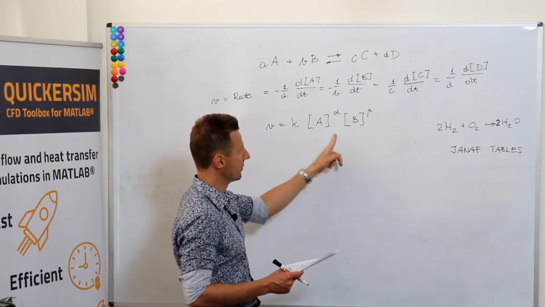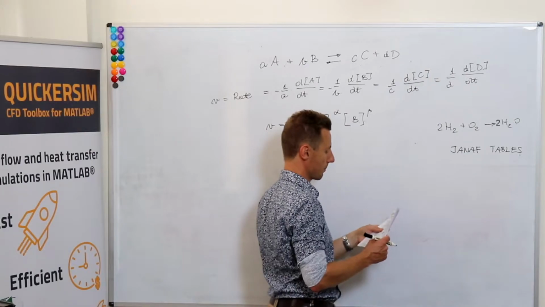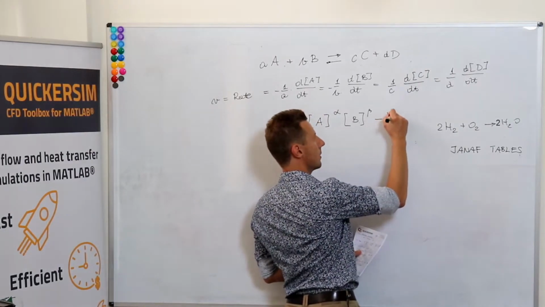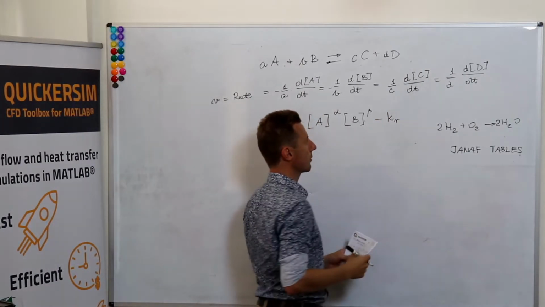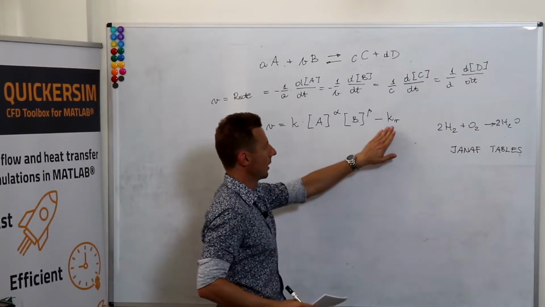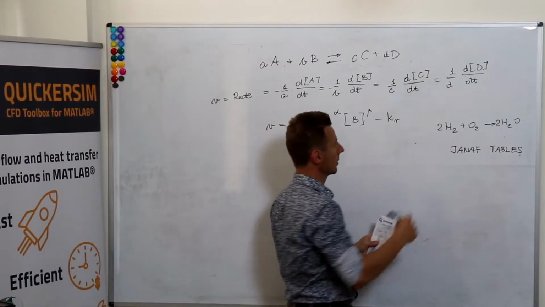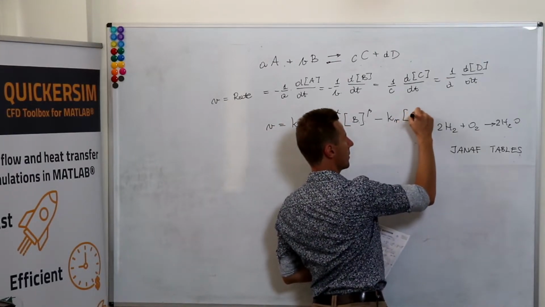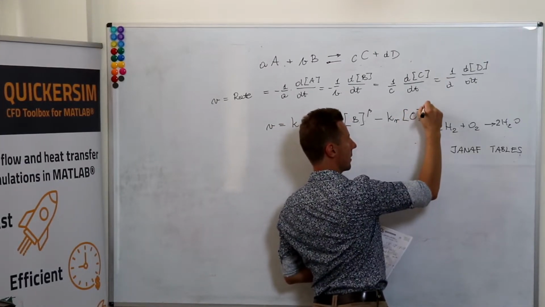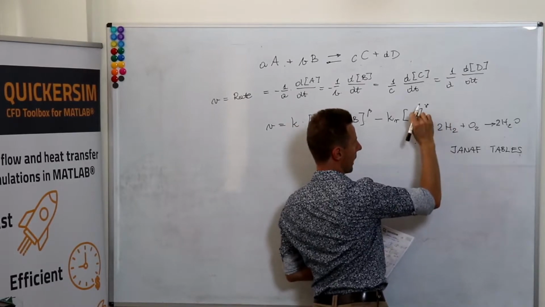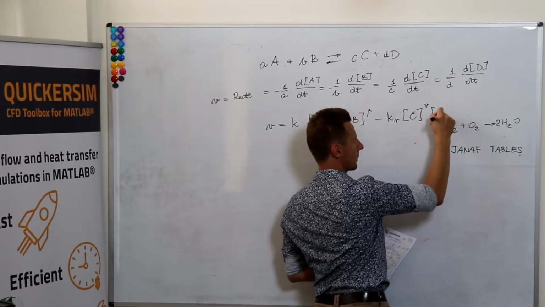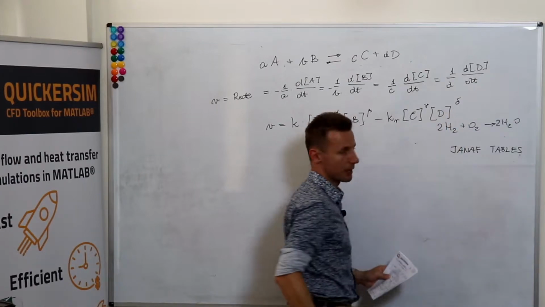Well, this one should be supplemented with the rate of the reverse reaction in the other direction. Then we've got C to, let's say, power of gamma times D to the power of delta.